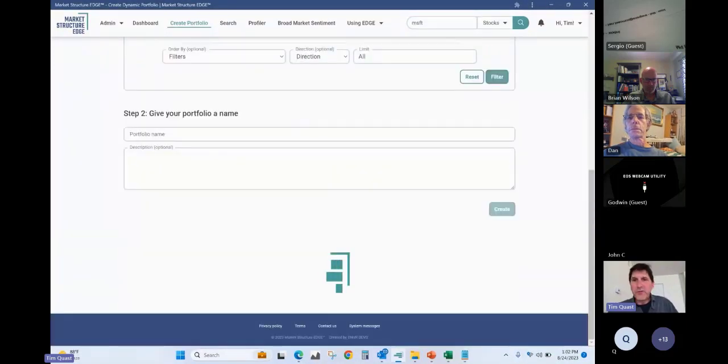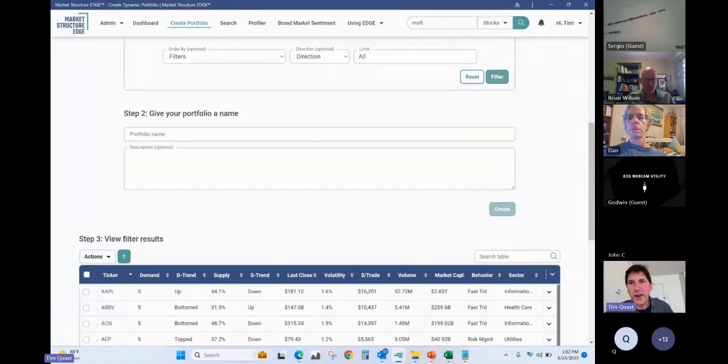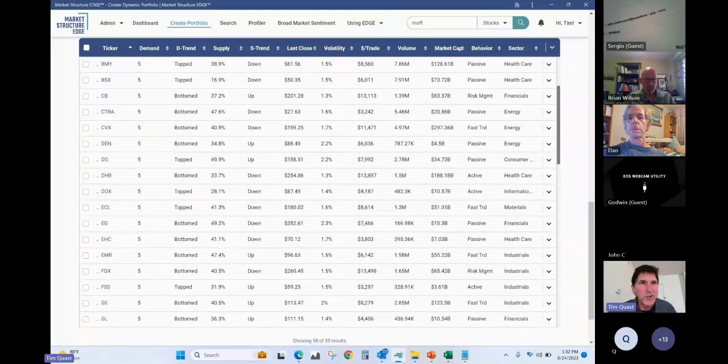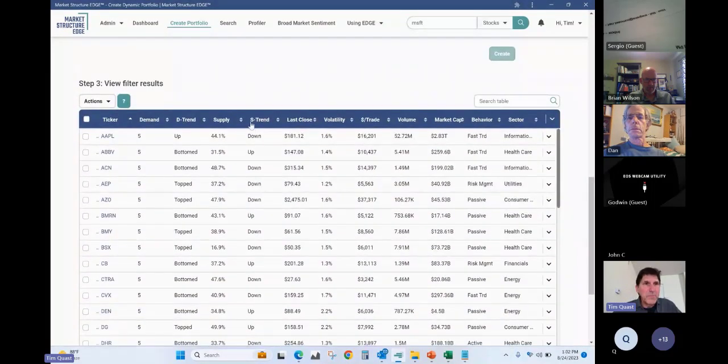Out of this, you could build a really nice portfolio and just look at the stocks that you end up with. Apple, AbbVie, Accenture, American Electric Power, AstraZeneca, BioMarin. You get a lot of really high quality stuff that probably gets overweighted in value or quality kinds of asset allocation portfolios.